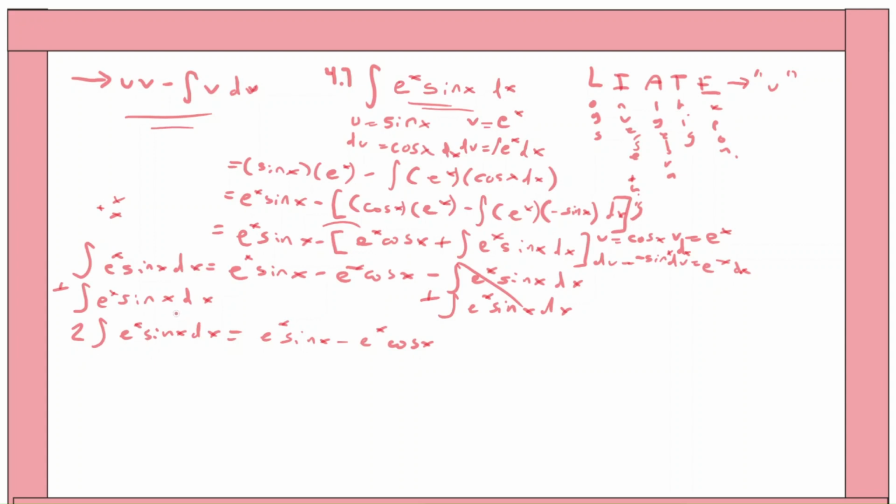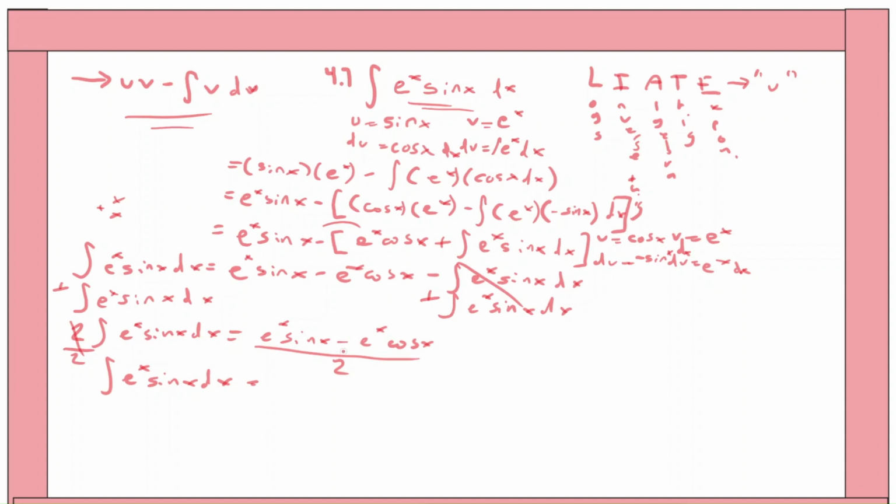So what would we do if we had 2x equals a function? If we wanted to solve for x, we would just divide by this 2. So we're just going to divide by 2. That's all we're doing. We divide this by 2, as we would in a normal algebra problem. So we get the integral of e to the x sine of x dx, because now there's a 1 here, equals this.